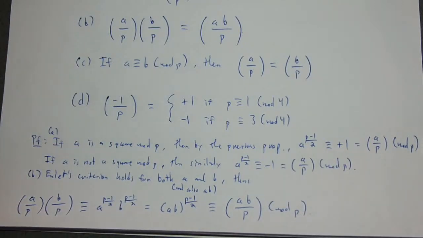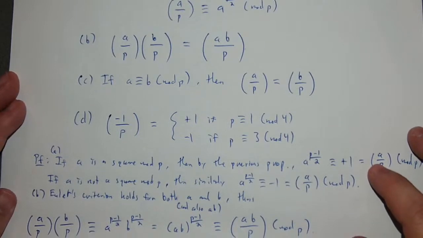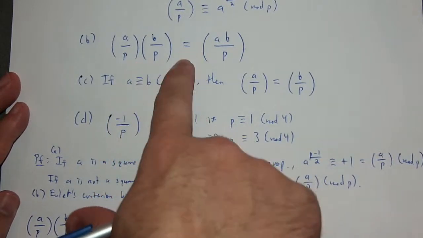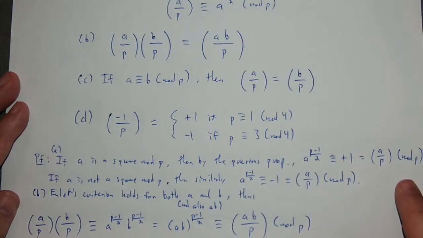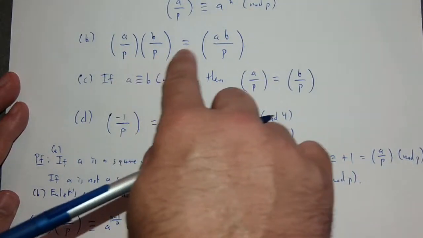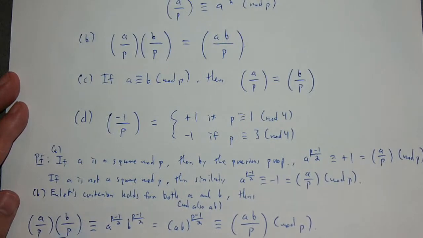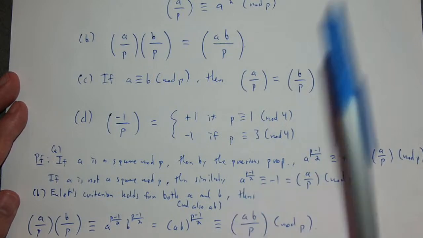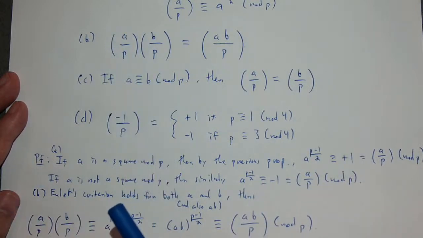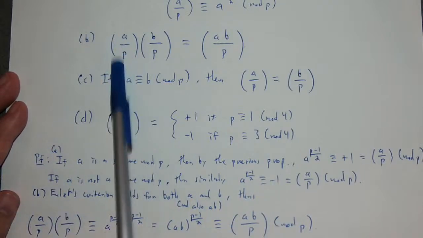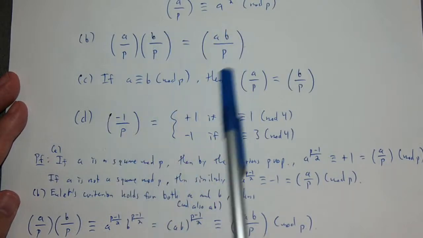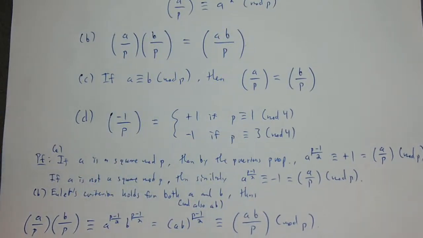So I have something I have to say here. To prove B, I have to prove that these two Legendre symbols are equal, right? Okay, so I have to show that these are equal. What have I shown? I've shown that A on P times B on P is congruent to A times B on P mod P, which is not quite the same, at least not immediately, as showing that A on P times B on P is equal to A times B on P. But why is this actually the case?